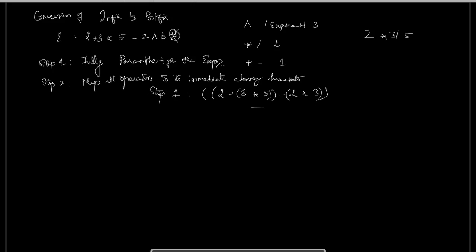So here, taking this operator, the immediate closing bracket is this, right? Just do the mapping and coming here to star, the immediate closing bracket is this bracket which is appearing after 5, right? And coming to this part of the sub expression, which is between this one and here, you have another operator left and the immediate closing bracket for this plus will be this one.